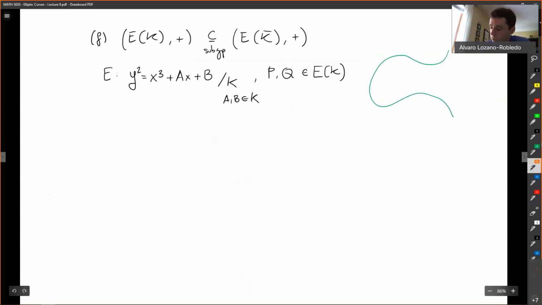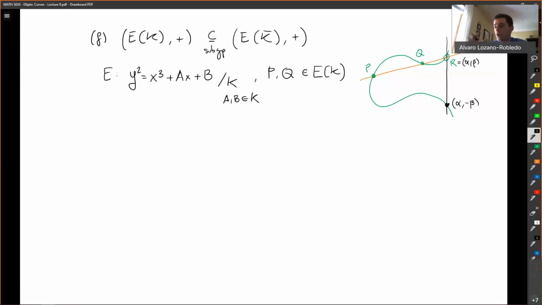So when I have this, all I really need to know is that, here is P, here is Q, and then here is R. All I need to know is that R also has coordinates in K, because then at least in the short Weierstrass form, we know that P plus Q is going to be, if this is alpha, beta, this point here is going to be alpha, minus beta in short Weierstrass form.